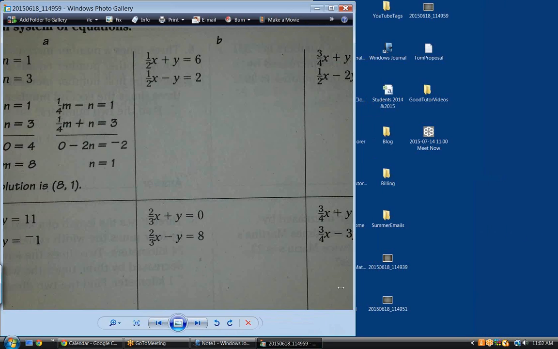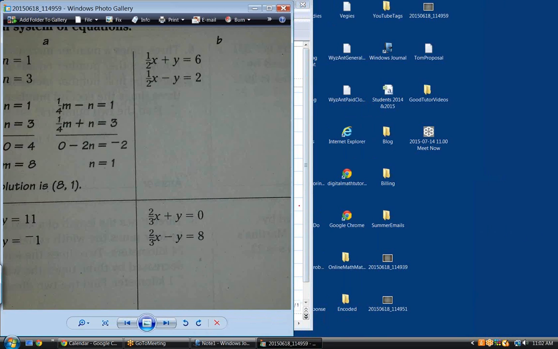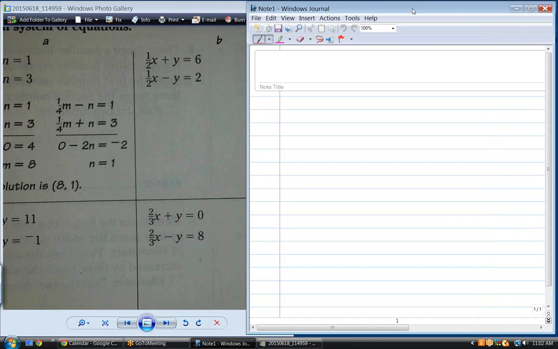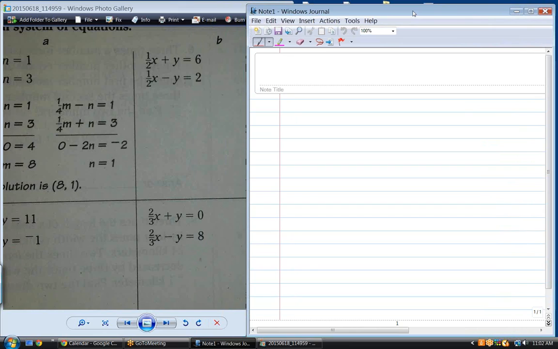Hold on a little bit. Let me get my stuff in place here. All right. What am I going to do with 1B? Got 1/2 x plus y equals 6.